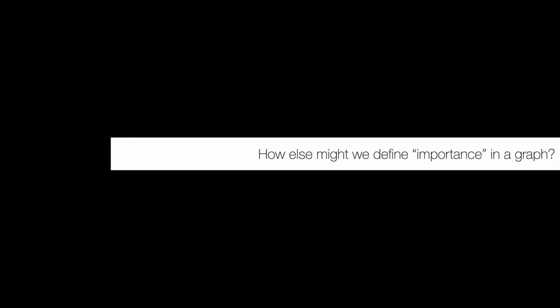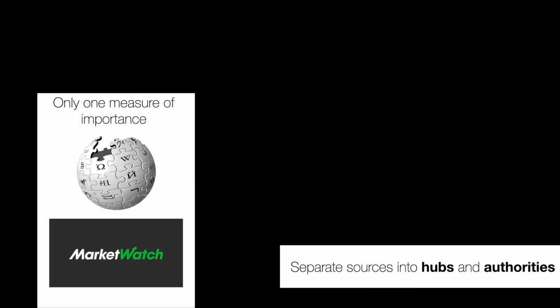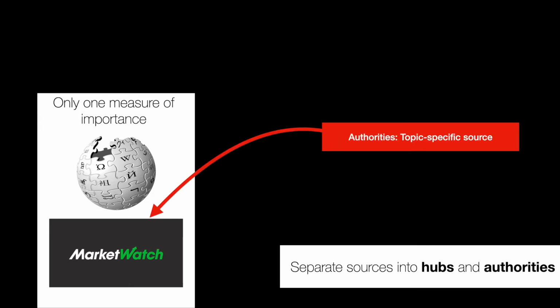In fact, there are many ways to define importance, and we call these metrics for importance centrality metrics. And we've already seen some of them. So at the end of the lecture last week, I talked about the hubs and authorities scores that come from the HITS algorithm, where a place like MarketWatch may have a high authority score because it has a very topic-specific set of information where lots of links lead to it, but fewer links lead out of it.